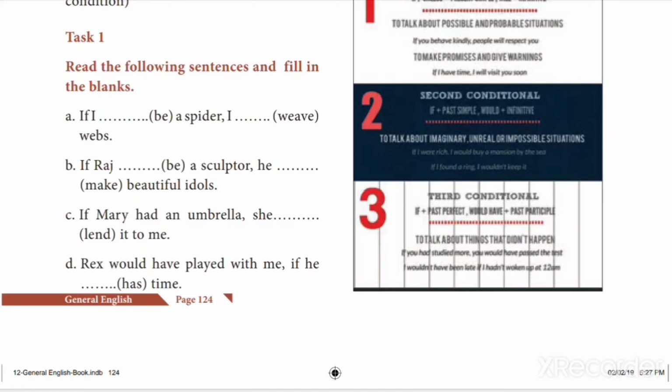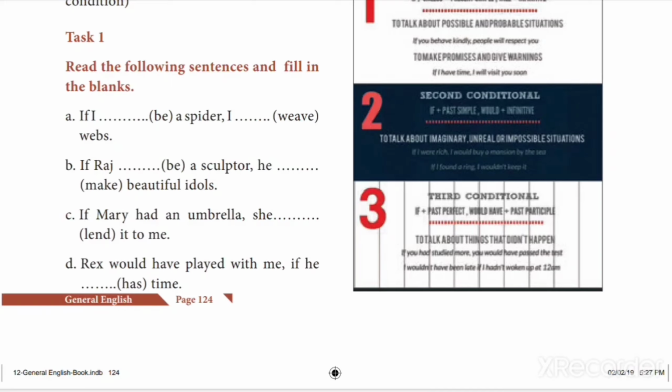So again second conditional, and the be verb should be written or expressed using the word were. So if Raj were a sculptor, again in the main clause the combination is would plus infinitive. So he would make beautiful idols. If Raj were a sculptor, he would make beautiful idols.